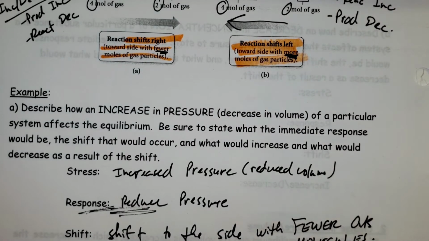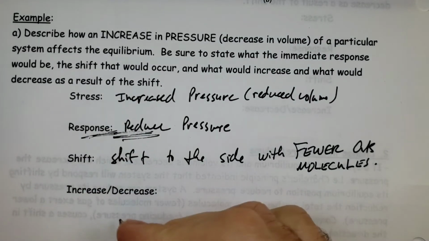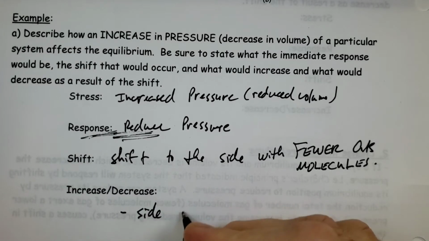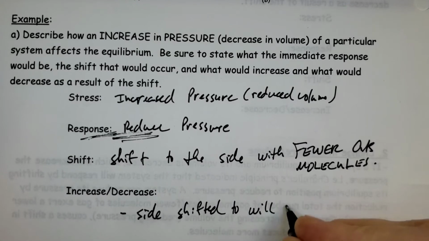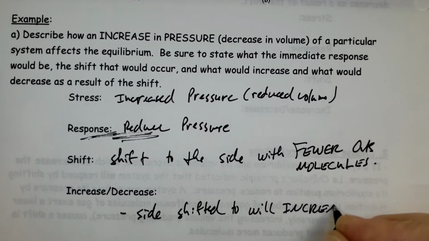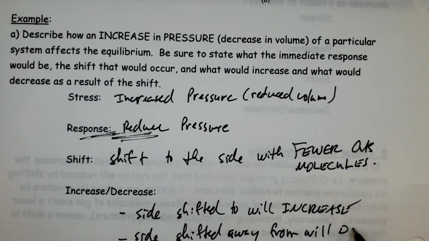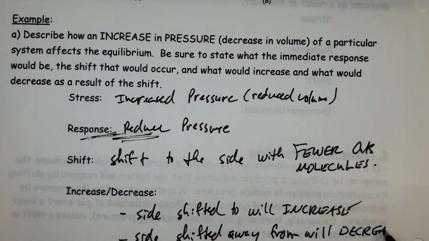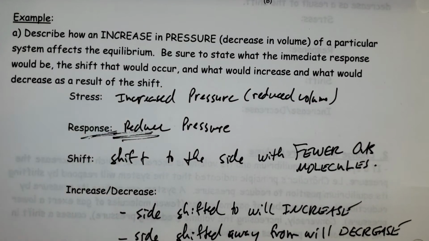Okay, so the key thing there, if I want pressure to be reduced, I want to go to the side that has fewer gas molecules. And then of course, the side shifted to will increase, and the side shifted away from will decrease. Okay, on the next page we'll look at vice versa.